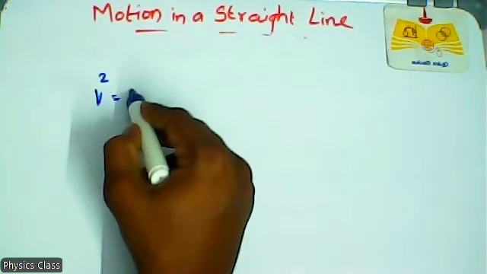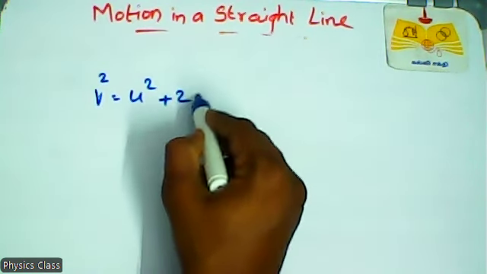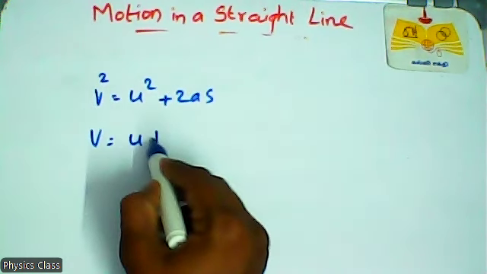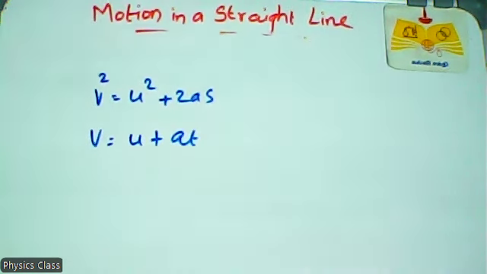One is v square is equal to u square plus 2as. Another one is v is equal to u plus at. These are the two equations we have to apply in this sum.